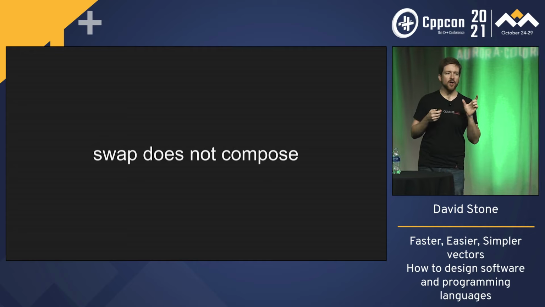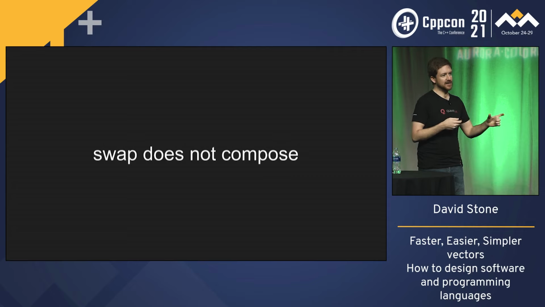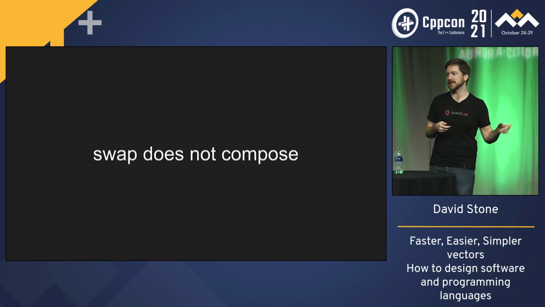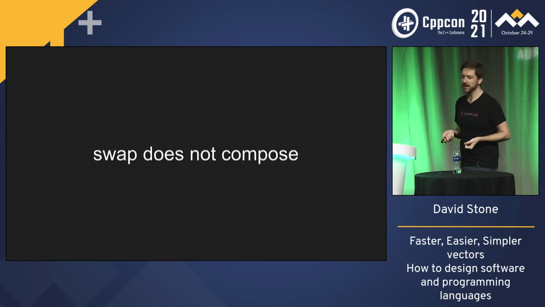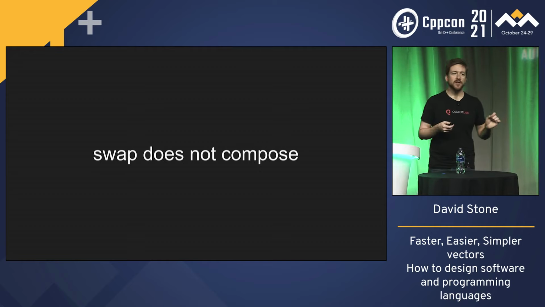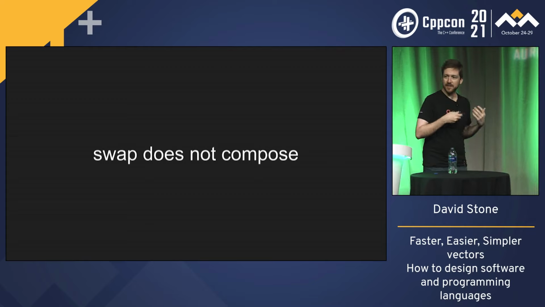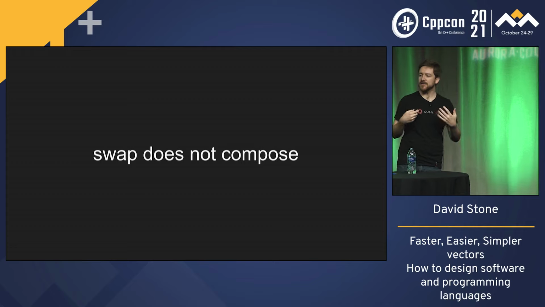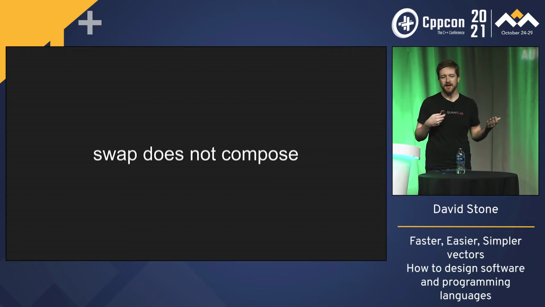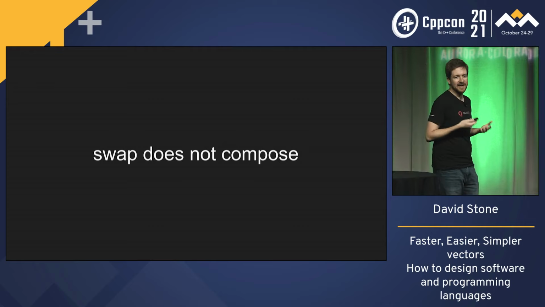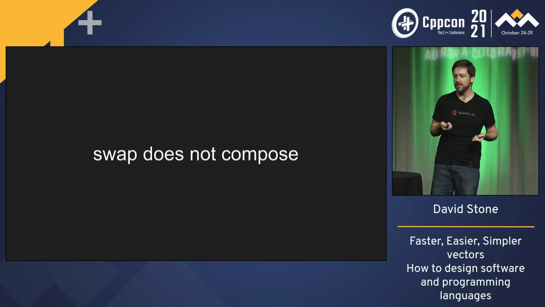But then if you hold that data structure in another container, that container needs to write its own swap because swap isn't going to pick up the swap of the data members. It's going to do the generic one, which doesn't optimize properly. Now, the solution to this, I think, is either relocation might be able to save us, or better optimization, but since no compiler optimizes this right, it's a difficult problem. It's not just that you can just fix it and then they fix it. It's a hard optimization problem.